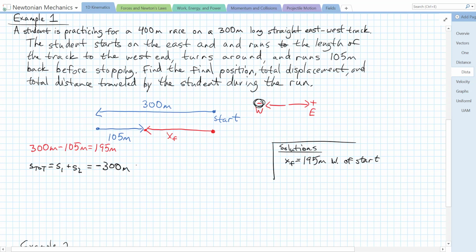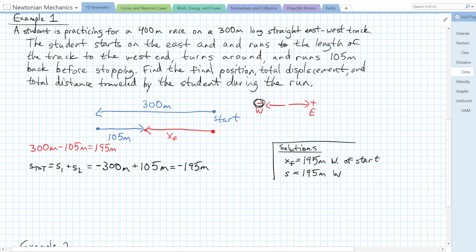And then we do 105 meters in the positive direction, plus 105 meters, to find our total displacement of negative 195 meters. Now, since this is a vector, that negative sign just means it's in the west direction. So our total displacement is S equals 195 meters. We could say negative 195, but since it's to the west, let's say 195 meters west.